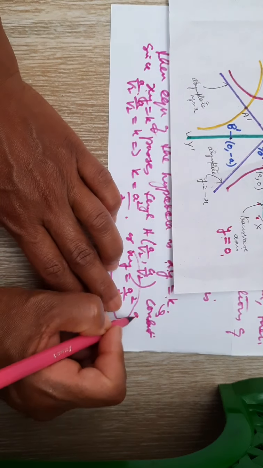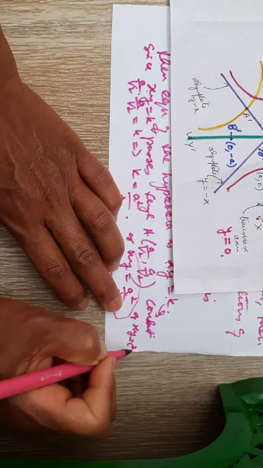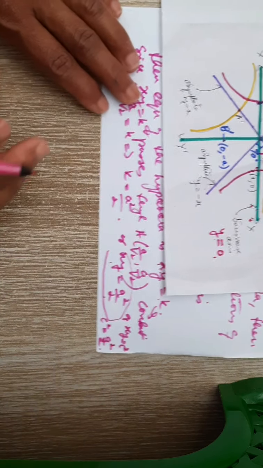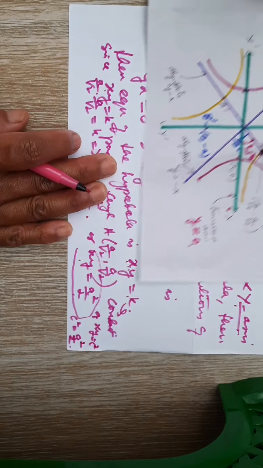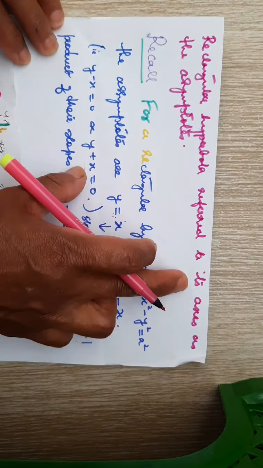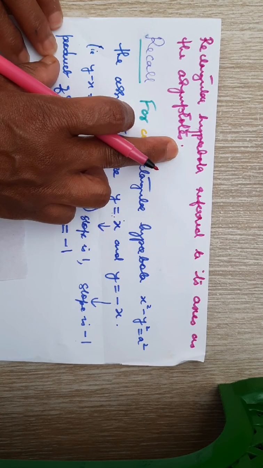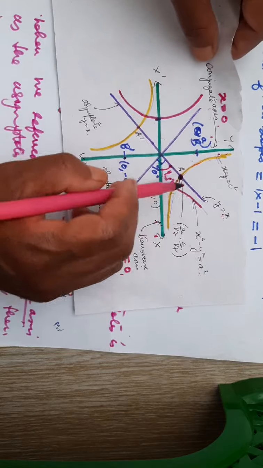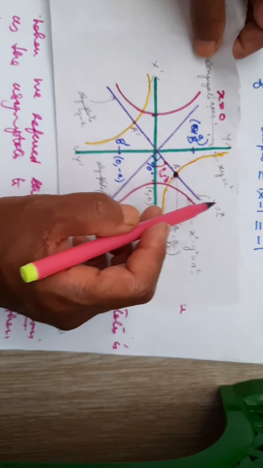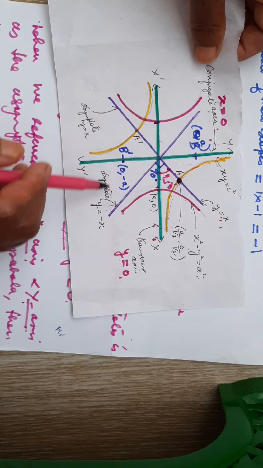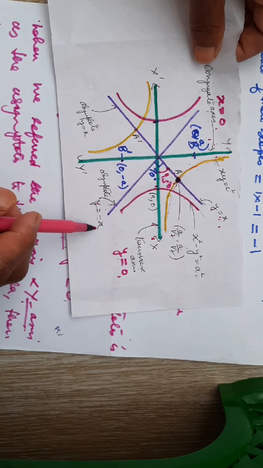Or I can write it as xy is equal to c square, where c square is equal to a square by 2. So this gives you the equation of the rectangular hyperbola when we refer to its axes as the asymptotes. The transverse axis in this case will be this one, A prime A, which is along the line y is equal to x, and the conjugate axis will be this one, which is y is equal to minus x.